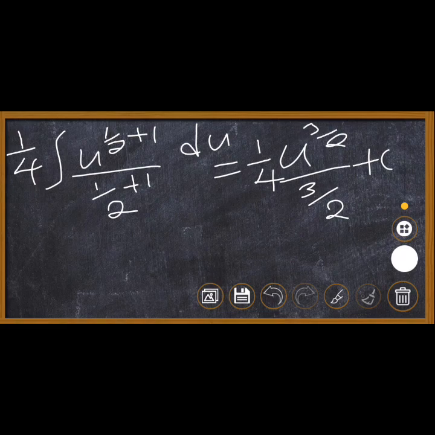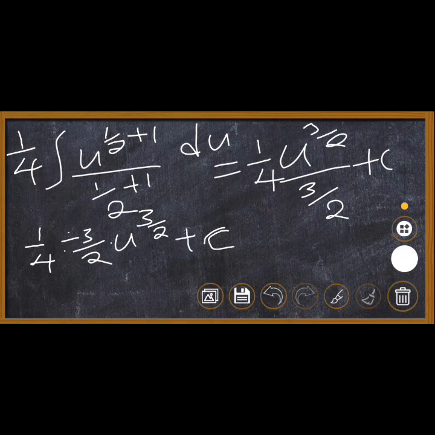So this is the same as 1 over 4 divided by 3 over 2. Remember, on top there we have u power 3 over 2 plus constant c.